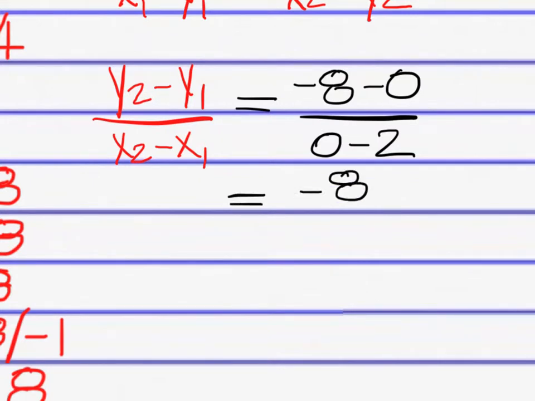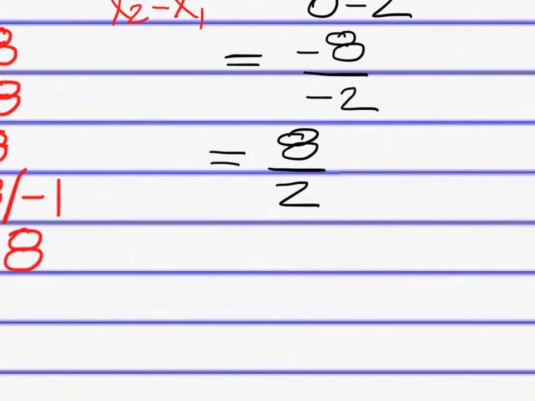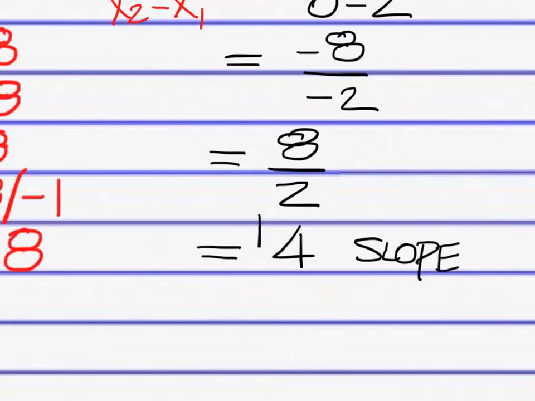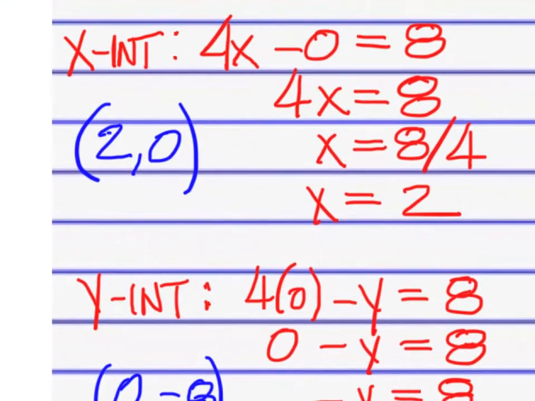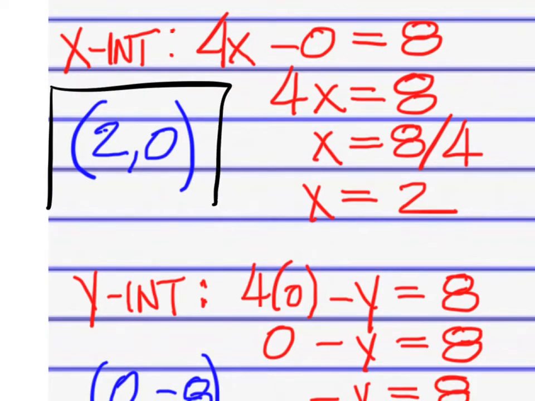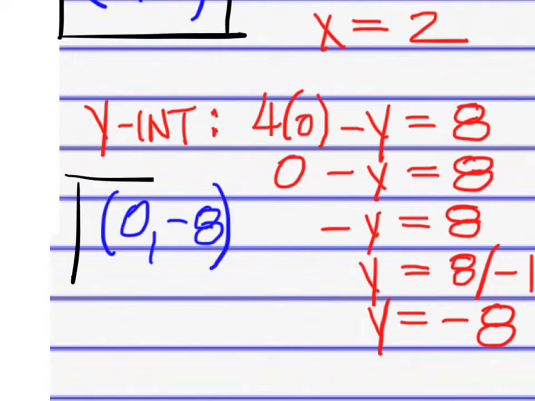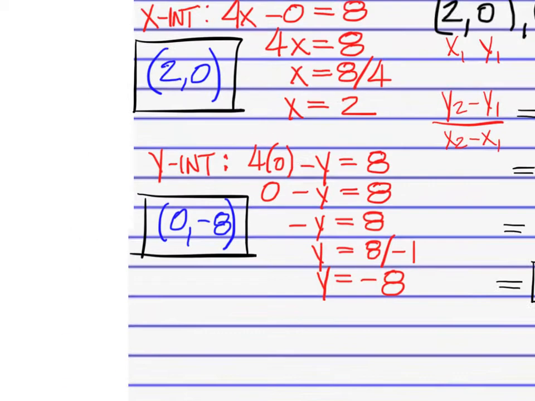That'll be negative 8 over negative 2. That's a double negative. So we'll make it positive 8 over 2. But 8 over 2 reduces to 4. So your slope is 4. Your x-intercept is 2, 0. And the y-intercept is 0, negative 8.